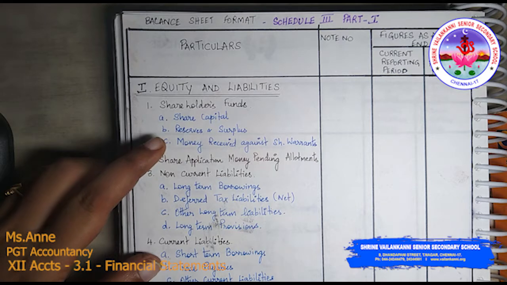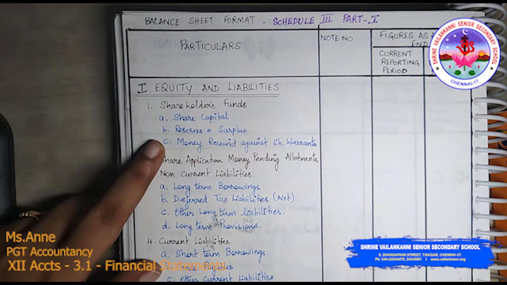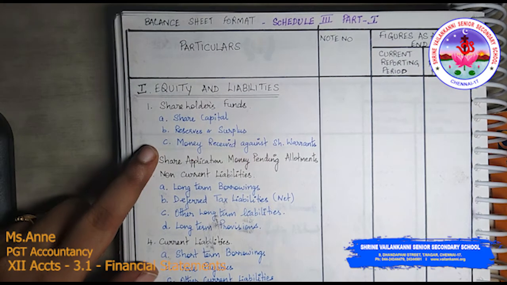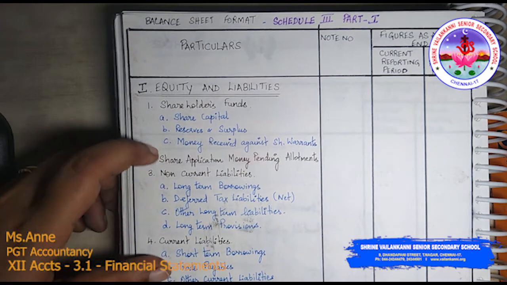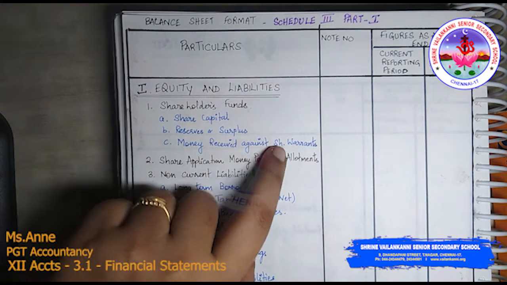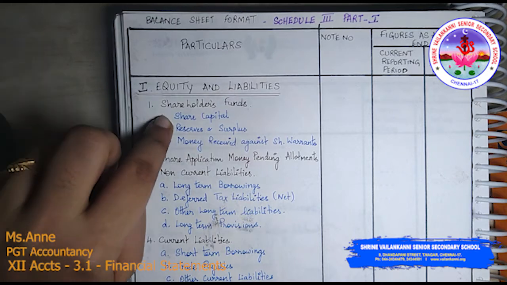The shareholders may purchase the certificate today, but it will be converted into shares at a future point of time, say after 6 months or 1 year. So it is part of shareholders fund, but not included in share capital.